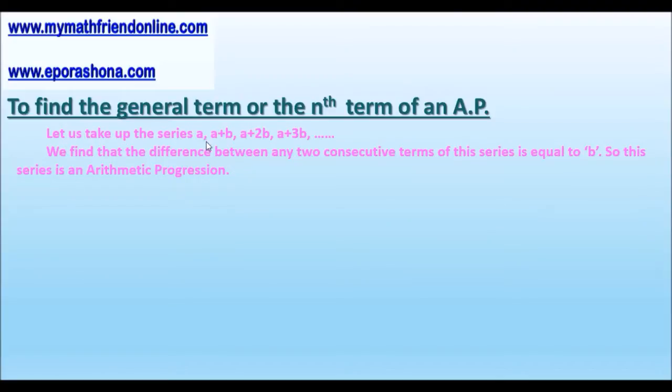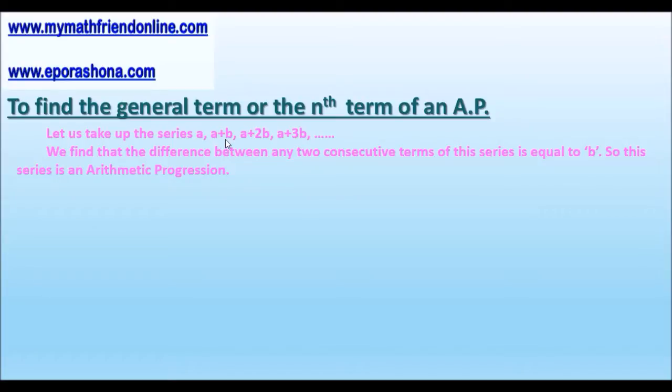Let us take up the series a plus b, a plus 2b, a plus 3b and so on. So it is an infinite series. a is the first term. Now we see that the difference between any two consecutive terms of this series is equal to b. If we take the first and the second term, that is a plus b minus a, we get b.